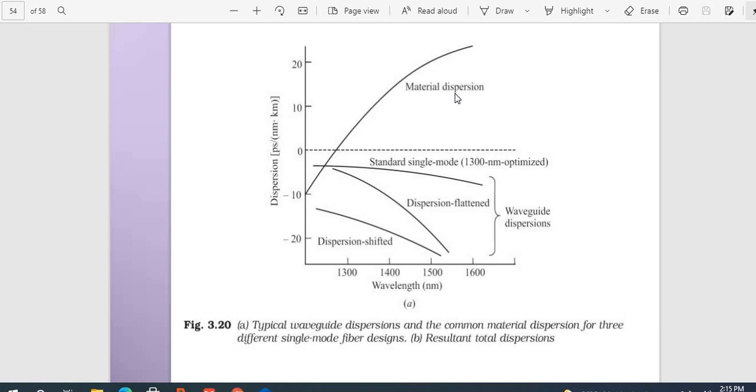This completely explains the graph for all types of dispersion, starting from material, then after the material there is the waveguide, and all the waveguide types of dispersion are also explained. For the single mode, it is a reference point. Downside is negative, upper side is positive.